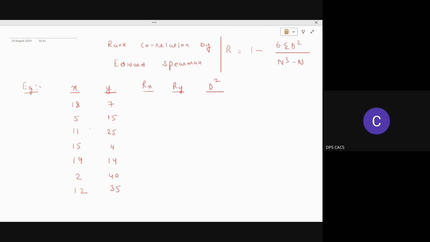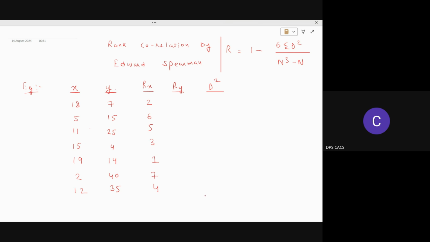How to give rank? Very easy. Biggest figure will get rank 1. So what is my biggest figure of X column? 19. So 19 is rank 1. Any problem? Next, rank 2 is 18. Next, rank 3 is 15. Next, rank 4 is 12. Next, rank 5, rank 6, rank 7.